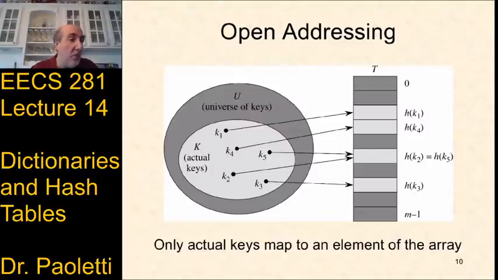Let's say I had an 8-digit student number, and even though I only have 5 or 6 students at the moment, I might have 8-digit student numbers, so it's very hard to guess somebody else's student number. So I still don't want to make a table of size 8-digit numbers.